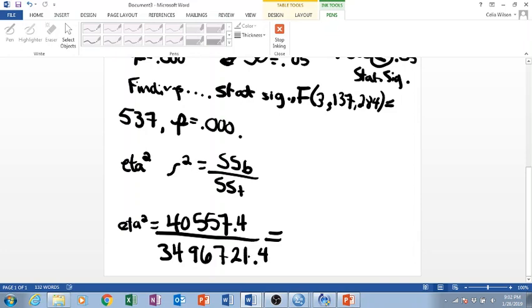So I'm just going to grab my calculator. I didn't do this ahead of time. So 40,557.4 divided by 349,671.4 equals a decimal. So let me write the decimal here.